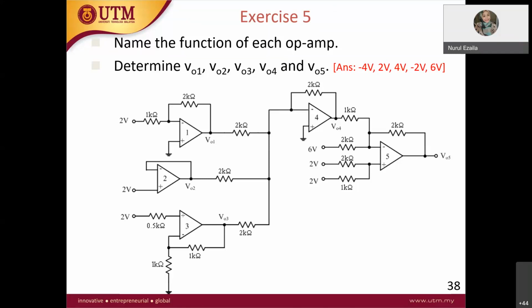Op-amp 1 is obviously the inverting amplifier. Why? Because the negative terminal is connected to the input. Op-amp 2 is the unity follower. Op-amp 3, it is equal to what? Non-inverting amplifier.